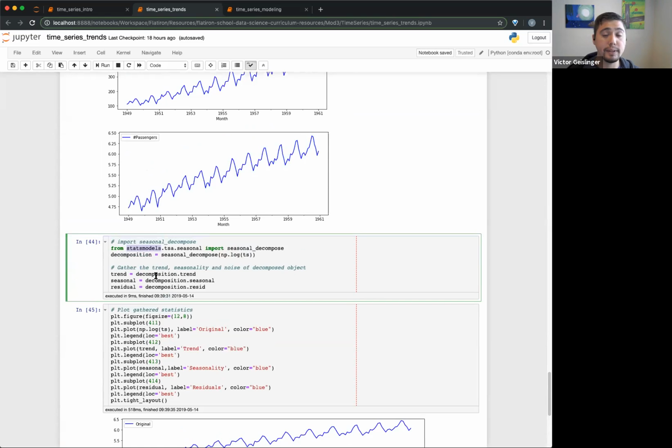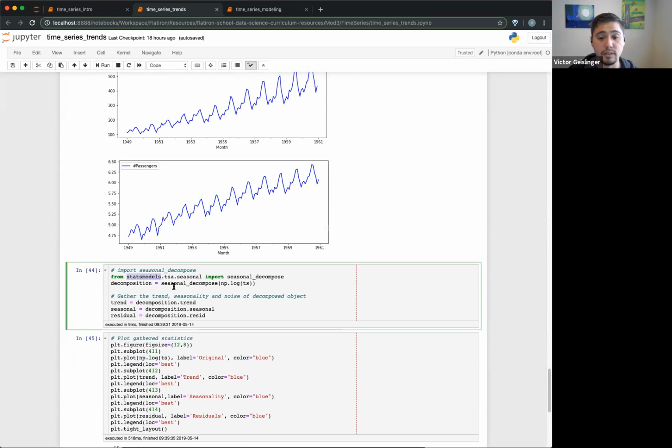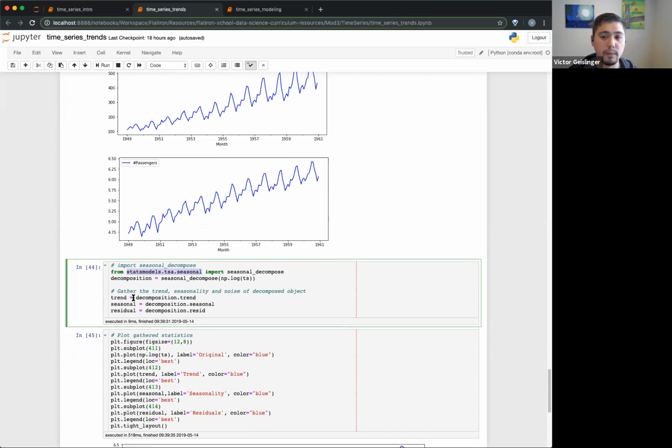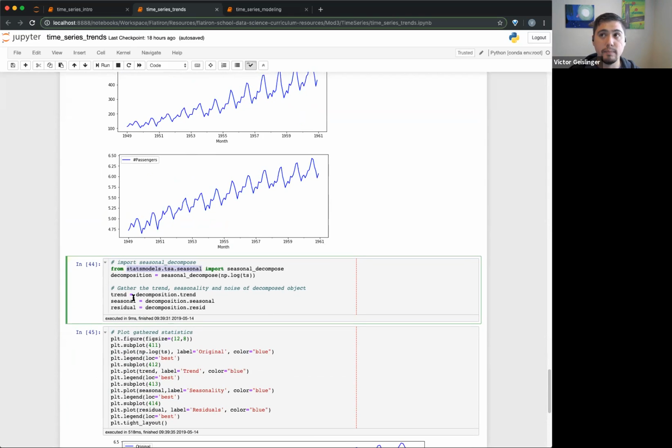If you're really curious, definitely look at the documentation for seasonal decompose. They do a few extra things, but essentially yes, it's doing similar things to what we were looking at, just more automated and more mathematically rigorous, if that makes sense. What's nice is that you don't have to keep doing this yourself.